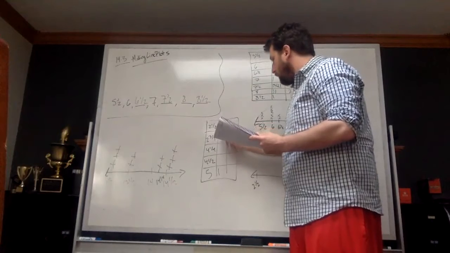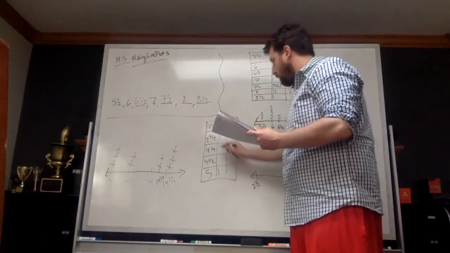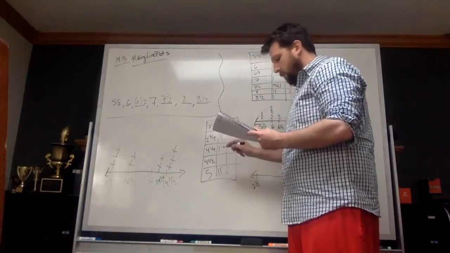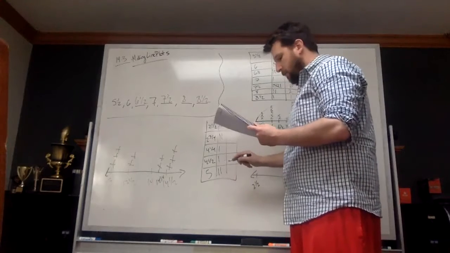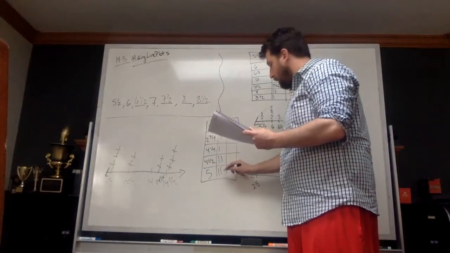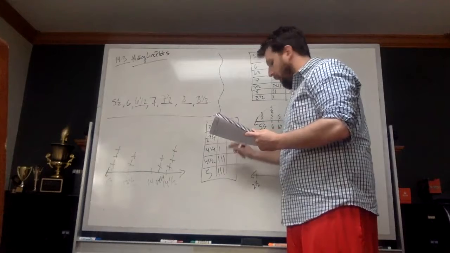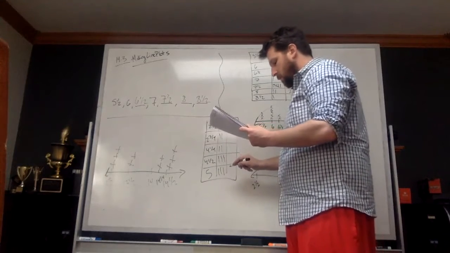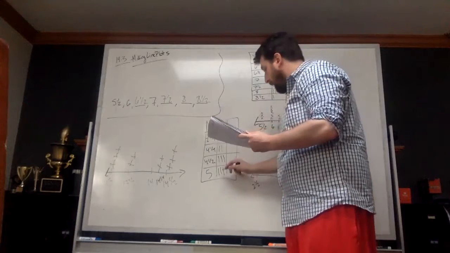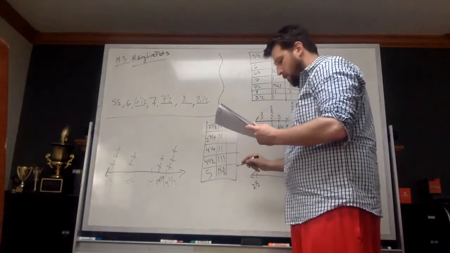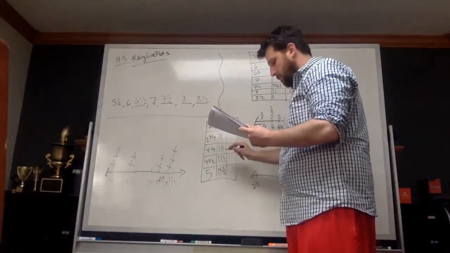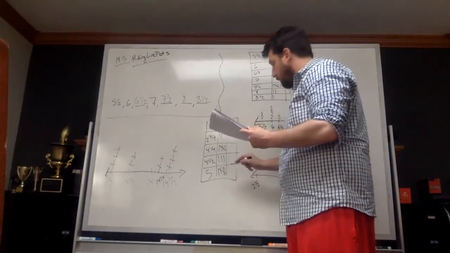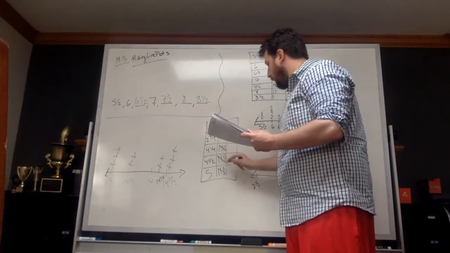5, 2 3/4, 4 1/4, 5, 2 3/4, 4 1/2, 4 1/2, 5, 4 1/2, 4 1/4, 5, 5, 4 1/4, 4 1/4, 4 1/4, 4 1/2, and 4 1/2.